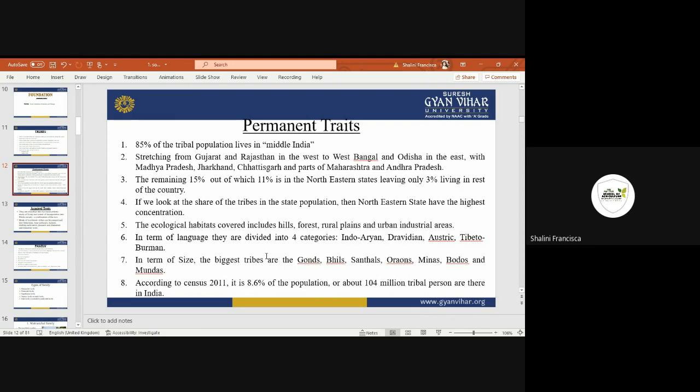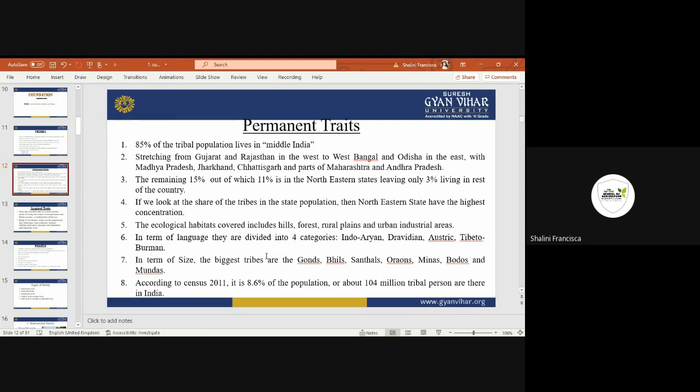So, how did we come up with such a sharp percentage? It is from the Census 2011, where tribal people are 8.6% of the population, about 104 million people in India, almost constituting our Indian population at about 8.6%.